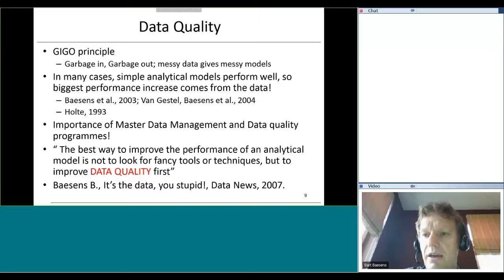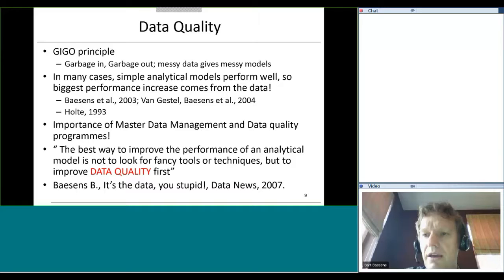Hence, the importance of master data management and data quality programs. As I always say, the best way to improve the performance of an analytical model is not in the first place to look for fancy tools or techniques like neural networks, SVMs, or random forests, but to improve data quality first.